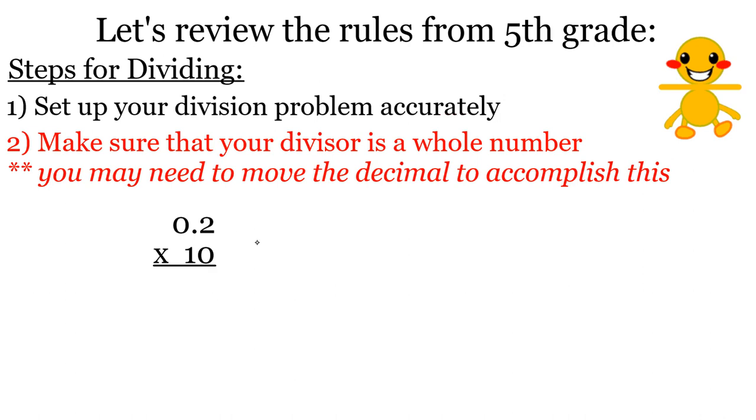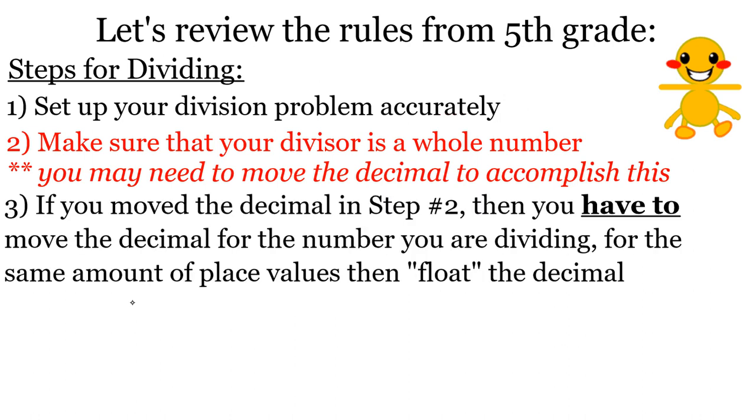And when we multiply it times 10, it becomes a whole number, right? Because of that one decimal place here. Now this is important because if we're going to multiply the divisor times 10, we're going to have to do some other things. So if we move the decimal in step 2, then you have to move the decimal for the number you're dividing for the same amount of place values. And then we'll talk about floating here in a second.